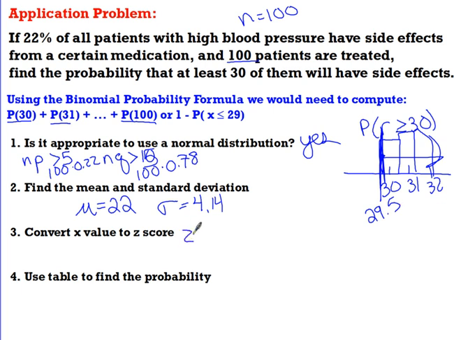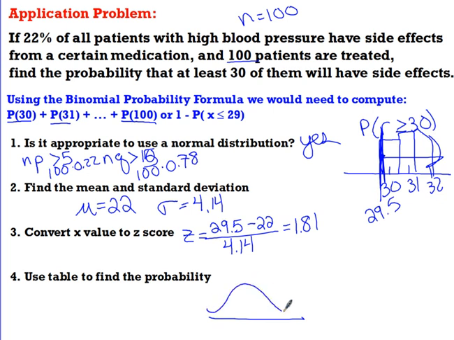So to find my z-score, I'm going to go 29.5, take away the mean, divided by our standard deviation. And I got 1.81. Okay, look at the table. I'm looking for that z-score and above.